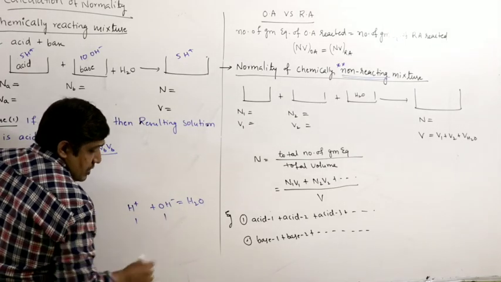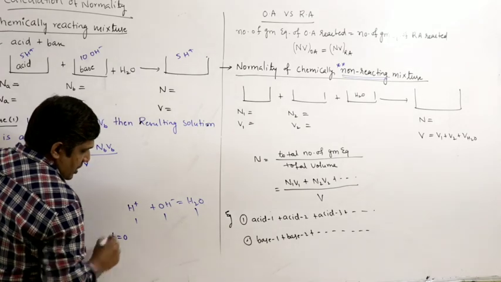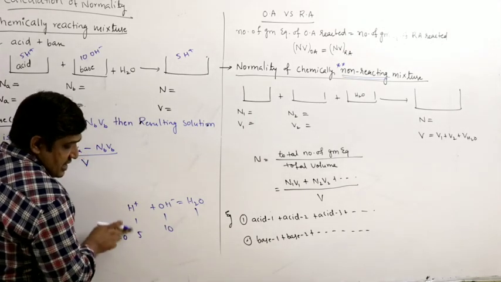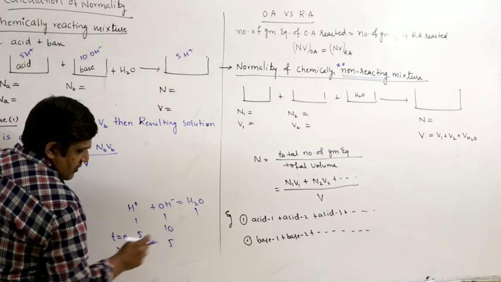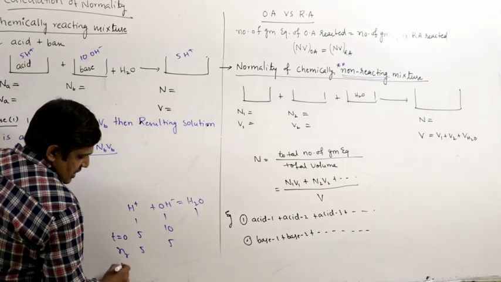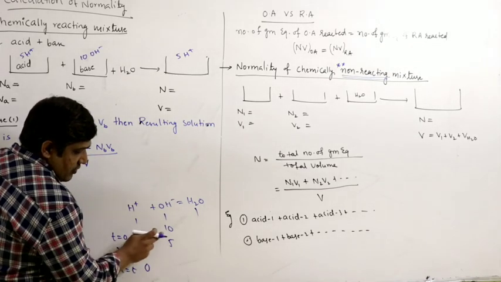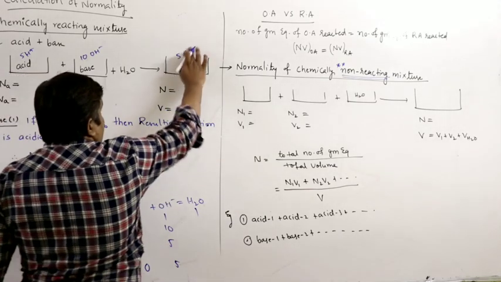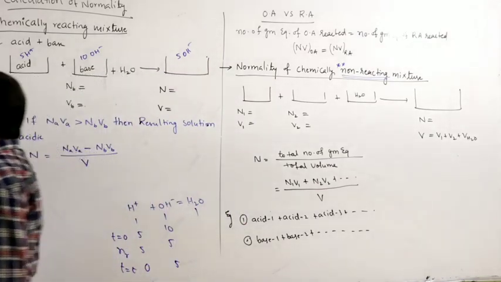So for one H plus you require one OH minus to form one water molecule. Initially we have 5 here, and 10 here. Clearly the number of H plus ions is less, so it will react completely. 5 H plus ions require 5 OH minus. After some time, out of 5, 5 are reacted, left over will be 0. Out of 10, 5 are reacted, left over will be 5. That means the resulting solution contains 5 OH minus.